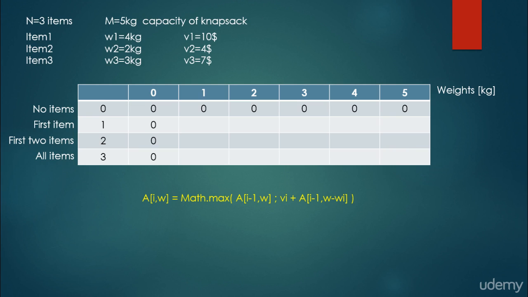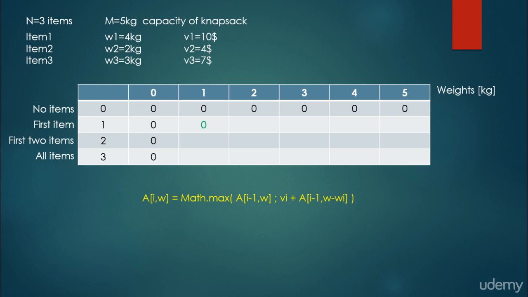So let's get started. If we have only one item, the first item that has 4 kilograms and a value of $10, of course we cannot put it into the knapsack if it can carry only 1 kilogram. So the header of the columns represents how many kilograms the knapsack can take, and in this situation 4 kilograms is greater than 1, so we put a 0 in this position.